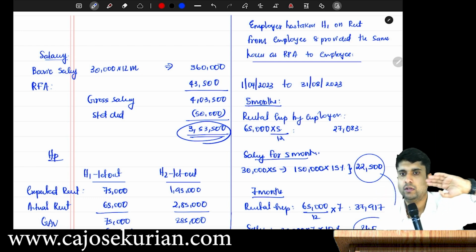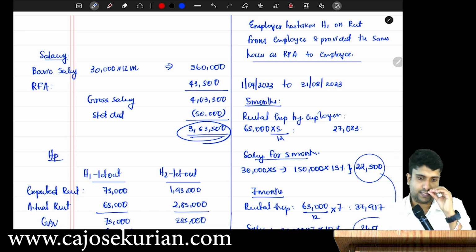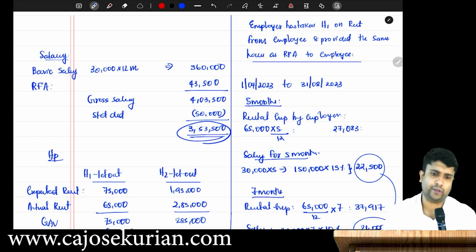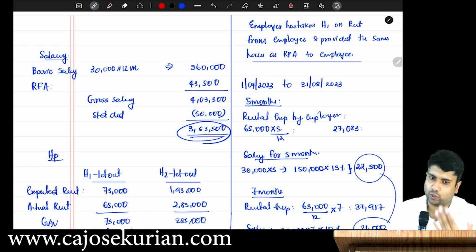Sir, can we compute the whole hire charge, or compute the hire charge separately for 10 and 15 and add them together and compare it? Yeah, that also you can do because there is no instruction from the income tax department that you have to do it separately. That also is fine. Ashwin, you can do that, no problem.